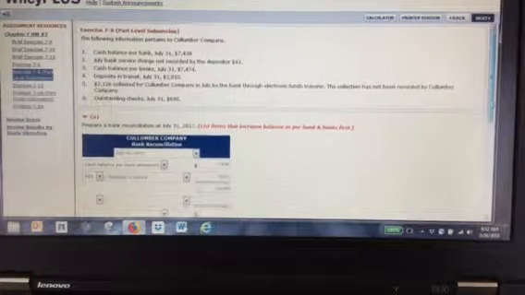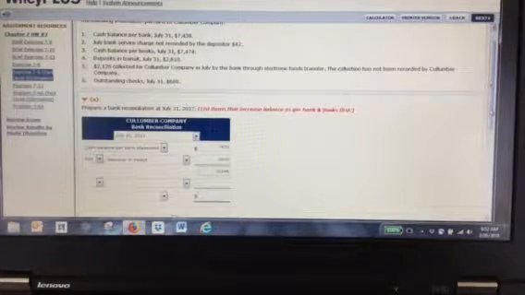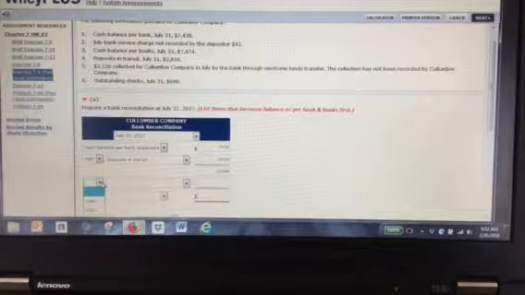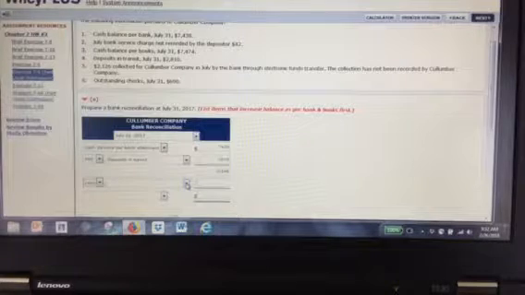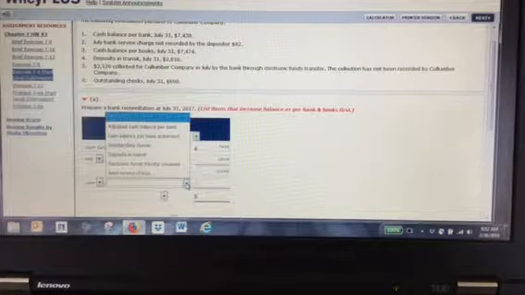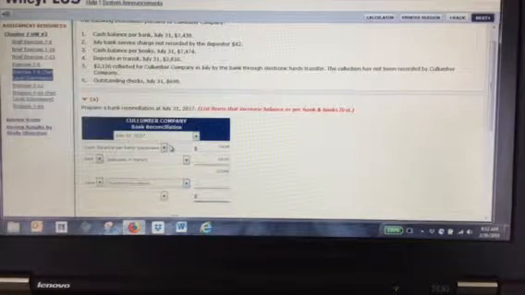Next, we need to find out the outstanding checks that we have. And we're going to need to deduct those from this balance, because the bank doesn't know about these checks yet. So we want to find out the outstanding checks, and we want to put that in the line here, okay?